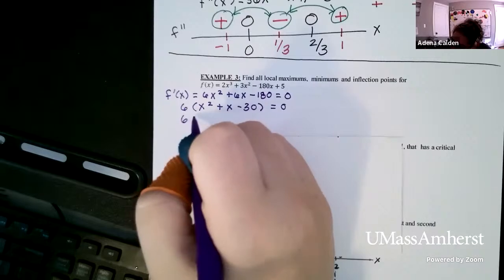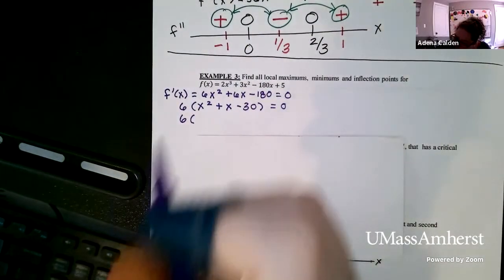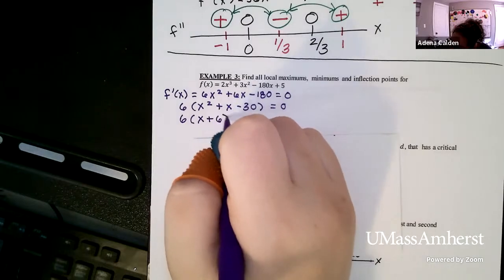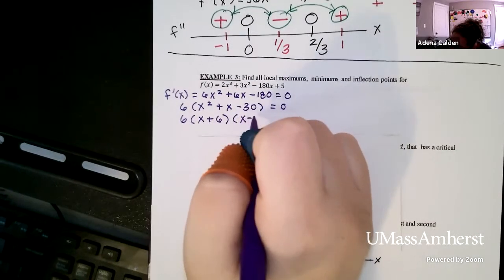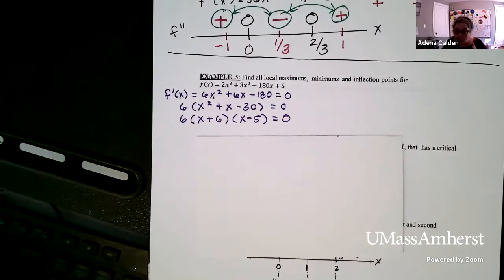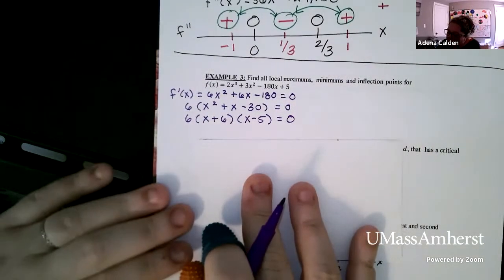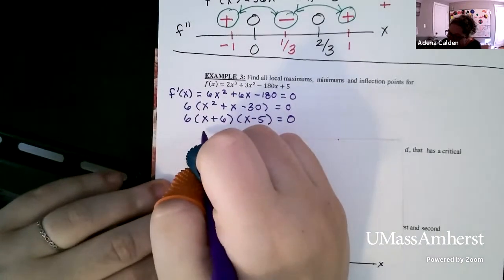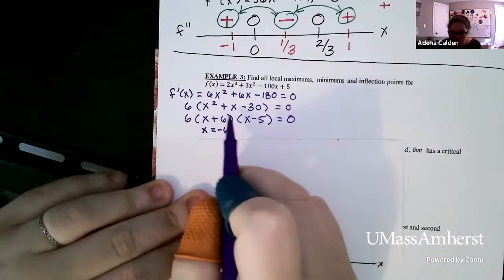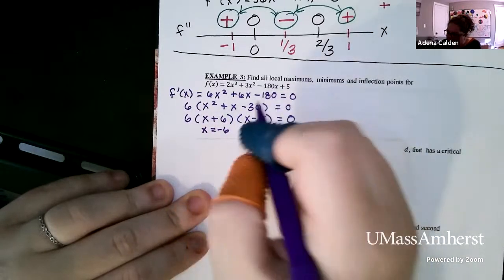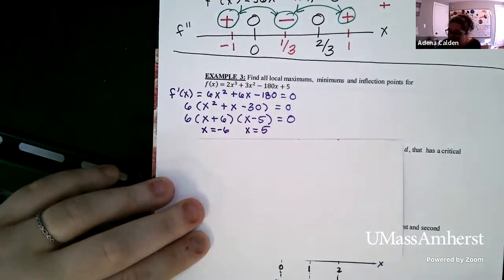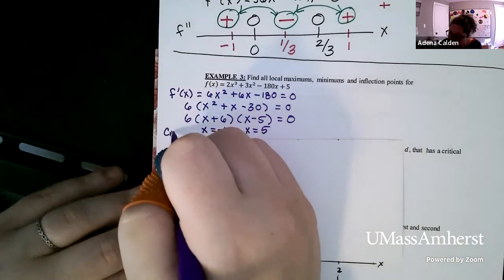But as you probably have noticed, I prefer to factor. So I'm going to get 6 times x plus 6 times x minus 5 equals 0. Which means that my possible critical points here, my local maxes and mins, are going to be at x equals -6, which will make this first parenthesis 0, and x equals 5. So these are my critical points.